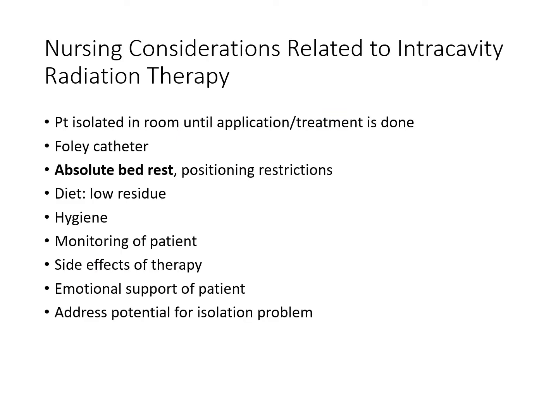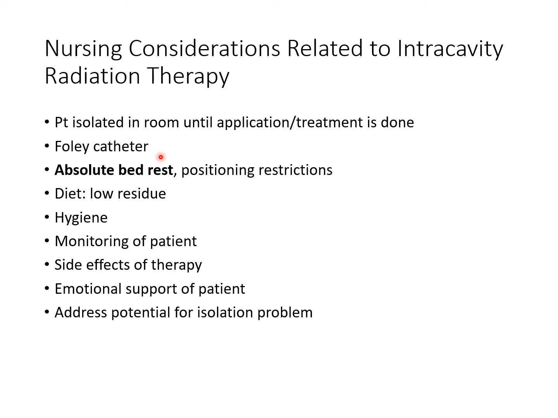And then your nursing considerations related to intracavity radiation therapy. So remember, we talked about radiation therapy already, so this is specific for intracavity radiation therapy. So we've talked about some of these things already. So patient isolated in the room until application treatment is done, making sure they have a Foley catheter. So you don't want them to get up and move around, right?